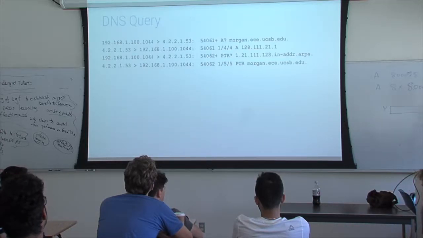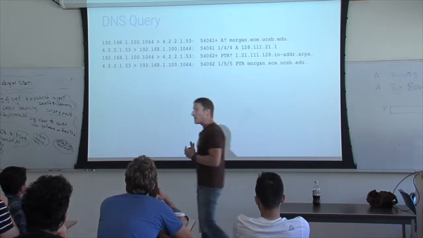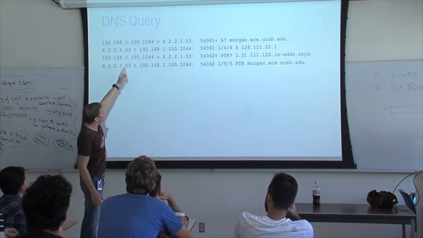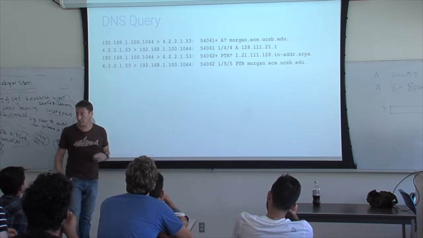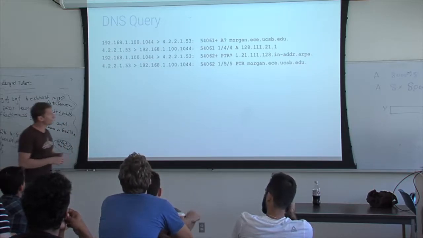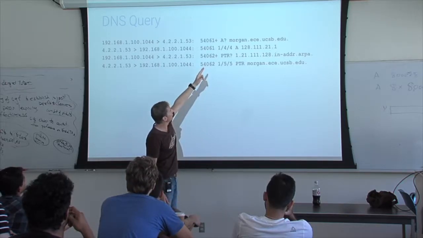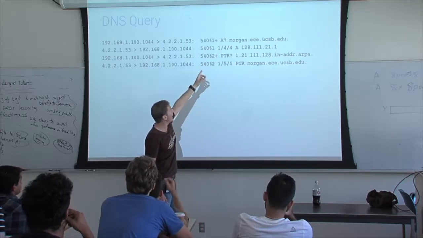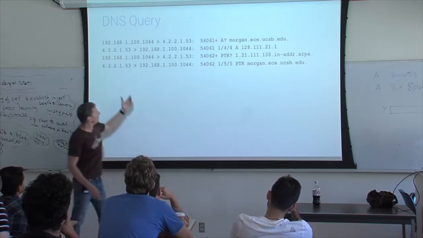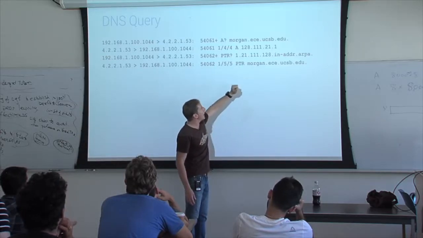If you look at the DNS query from a TCP dump perspective, it looks like this. You can see it's a UDP packet. It goes to port 53. 53 is the port where DNS lives. And you can see that in this case, you're asking for the address, so it's called an A request, for morgan.ece.ucsb.edu, and you have the reply that says, hey, that's the address.